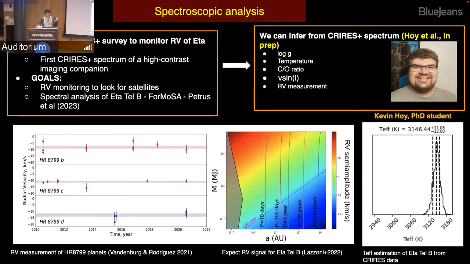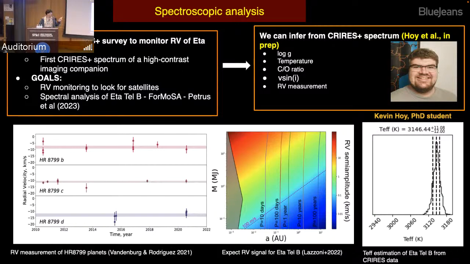With RV data, we can monitor to look for satellites, and we can see an example here, used for HR 8799. So in our ongoing survey with Queries Plus, we have just one epoch, but we will possibly obtain all the epochs that we requested, that are 15, until the end of the year.